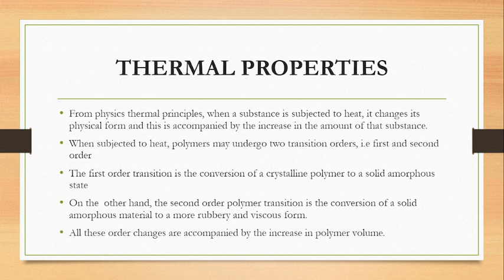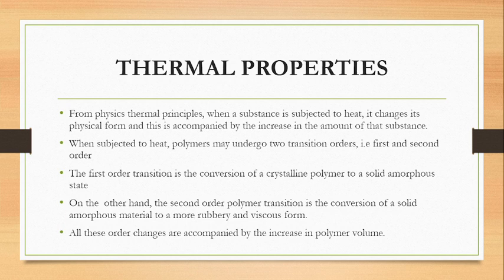Remember, the crystalline form of a polymer is that highly packed structure of a polymer. Now, transformation from that highly packed form to a solid amorphous. A solid amorphous is that one which is less packed, meaning it has got some areas where it is not packed well.